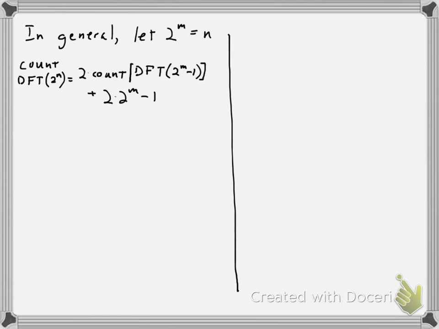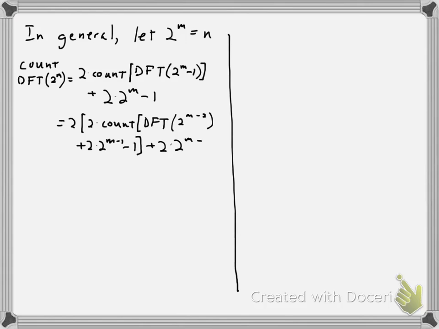So this equals 2 times the count of a DFT of order 2 to the m minus 2, and then plus 2 times 2 to the m minus 1, and then plus 2 times 2 to the m minus 1.